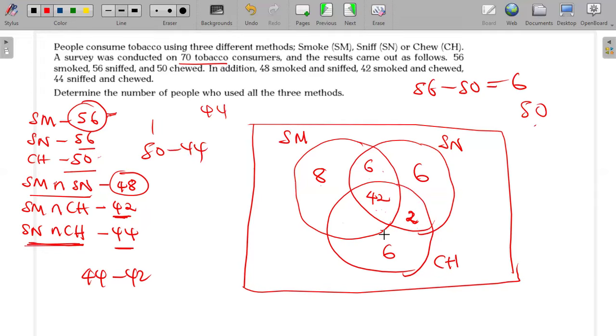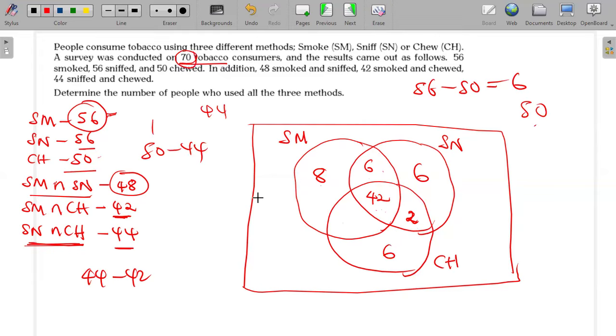So now after plotting and putting everything here, when we add all these numbers together, we must get the total number of people that took part in this survey. So that is going to be 8 plus 6 plus 42 plus 2 plus 6 plus 6, I get 70.